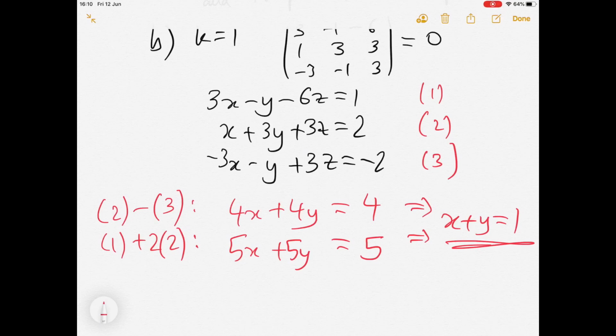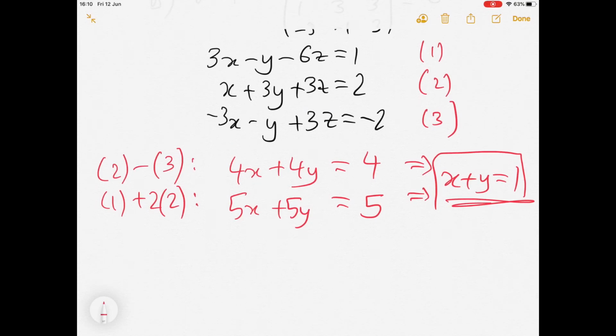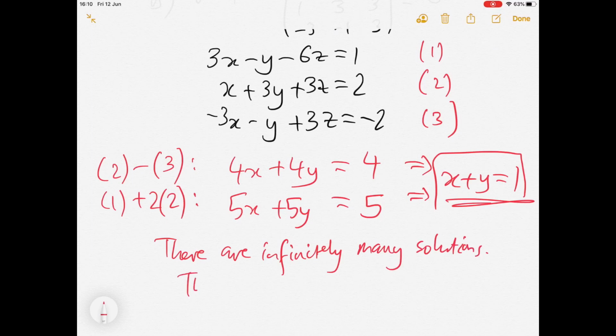So there are infinitely many solutions. In fact, any solution of this equation with an appropriate value of z is then a solution. So in this case, there are infinitely many solutions. The system is consistent, and the planes form a sheaf.